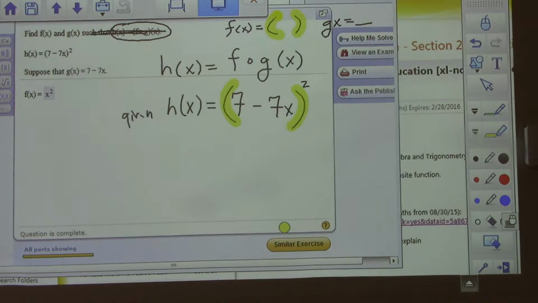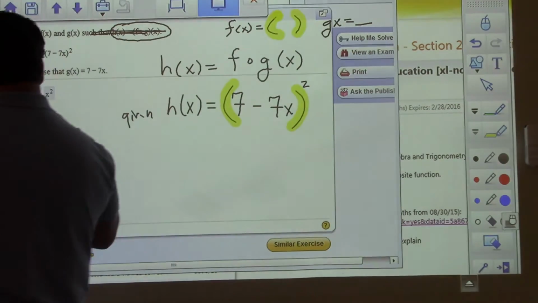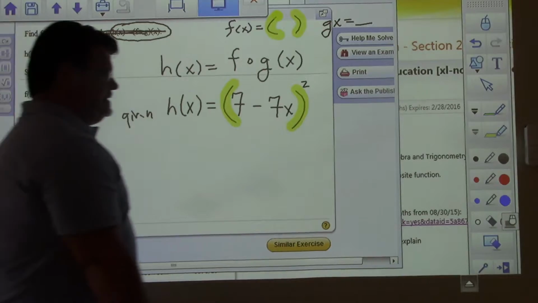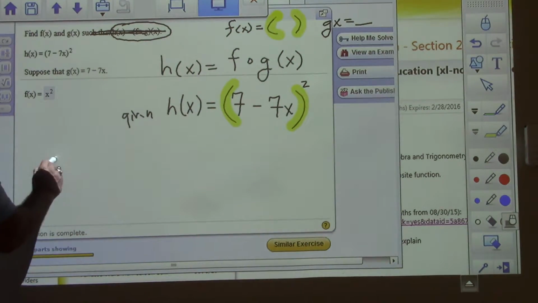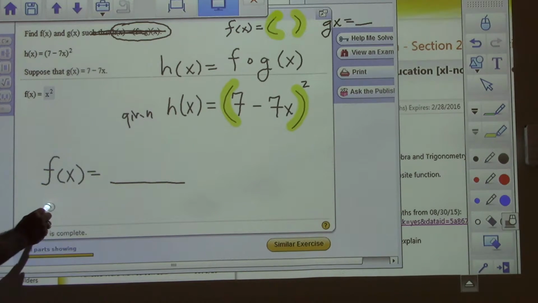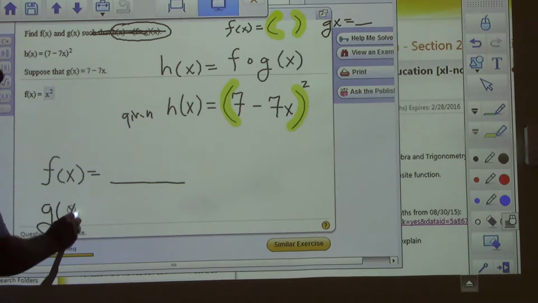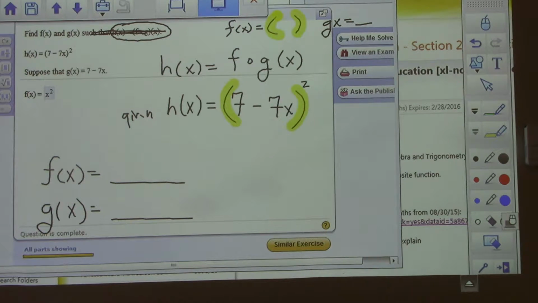But are they not giving you g of x too? That's what we're wanting. I want you to tell me the answer to the question, and get this thing to work: f of x is equal to something, and g of x is equal to something.